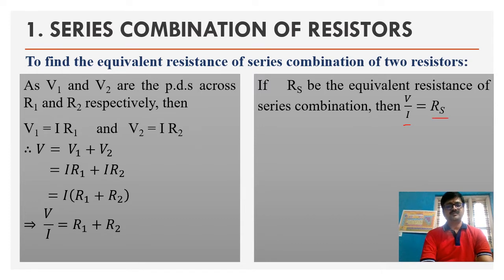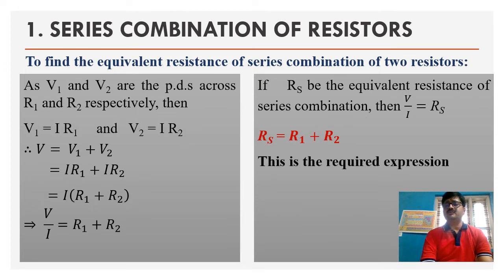RS here. If you notice that equivalent circuit diagram, we have shown the same thing. RS we have shown, and accordingly the same potential difference, the same current, so very clearly V divided by I will give us RS only. So if we use V by I is equal to RS in the equation, then RS will be equal to R1 plus R2, and this is the required expression that we are supposed to derive.